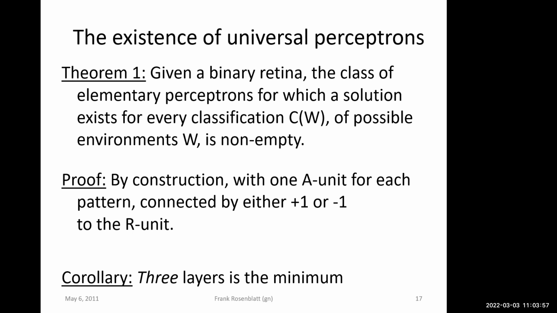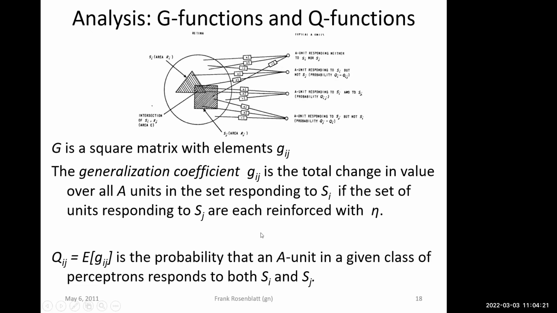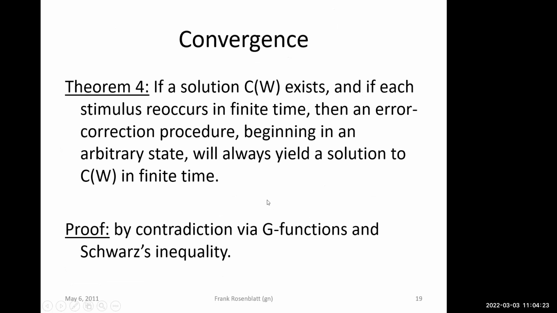So he said that he thinks that there exists some universal perceptron, some universal thing which could do this learning element. And he felt it had to have 3 layers minimum. But again, think of how complicated things were then. 3 layers was an awful lot. He had a bunch of mathematics going through things.